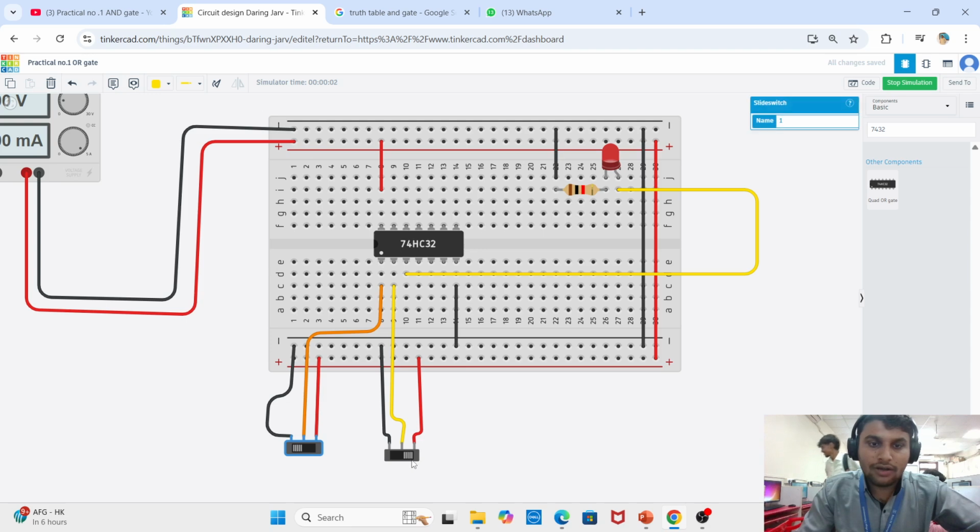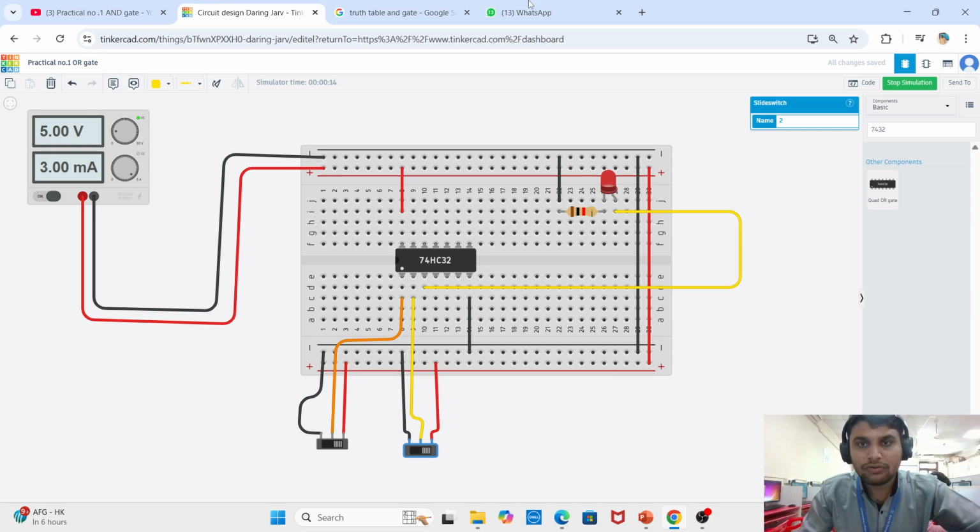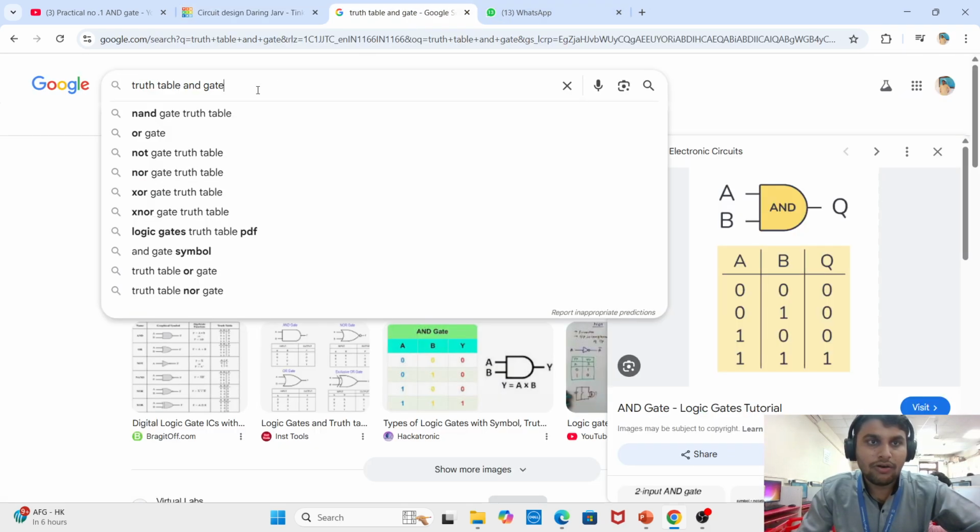We know that for the OR gate, 0 plus 0 is 0, 0 plus 1 is 1, 1 plus 0 is 1, and 1 plus 1 is 1. So we have already verified the truth table of the OR gate.